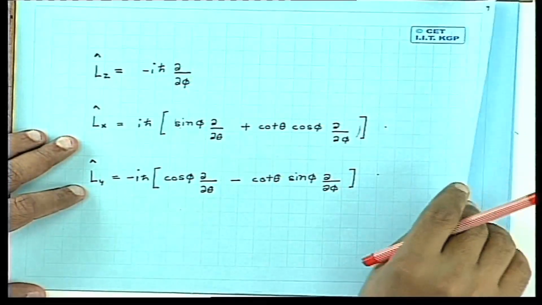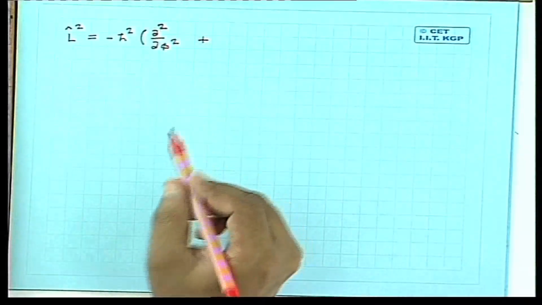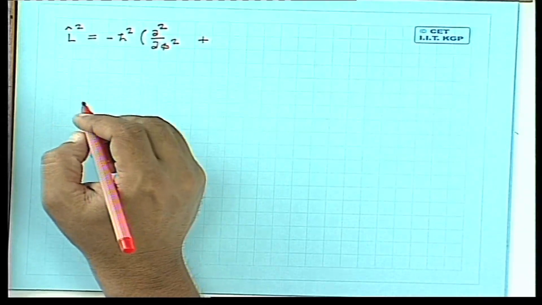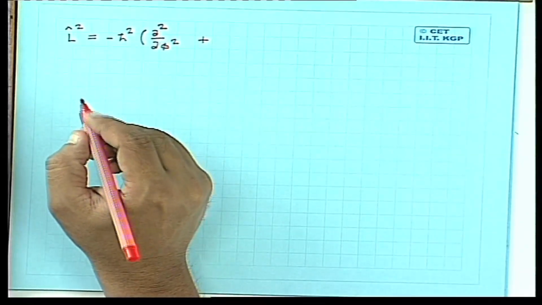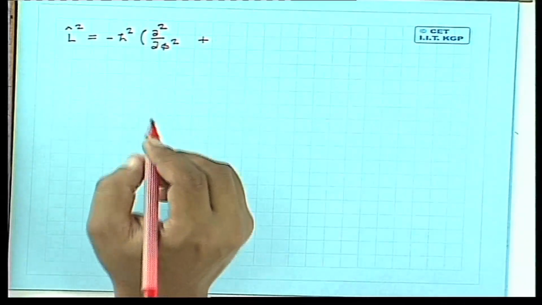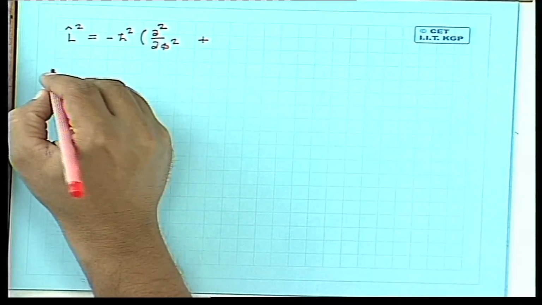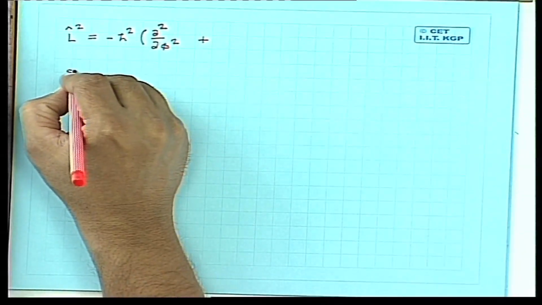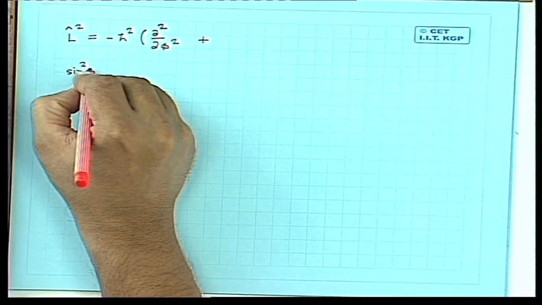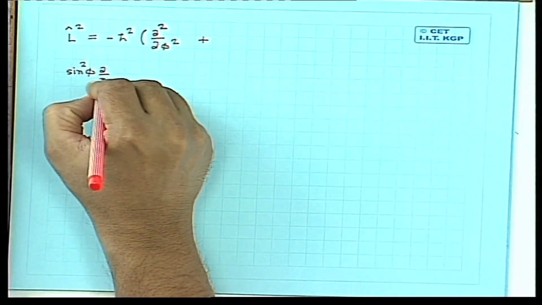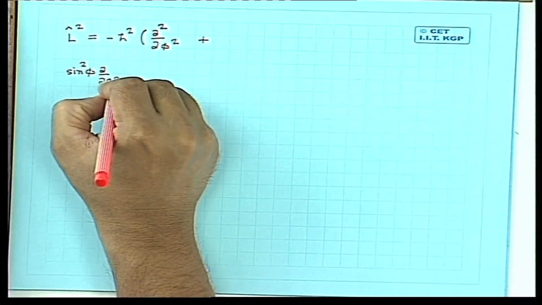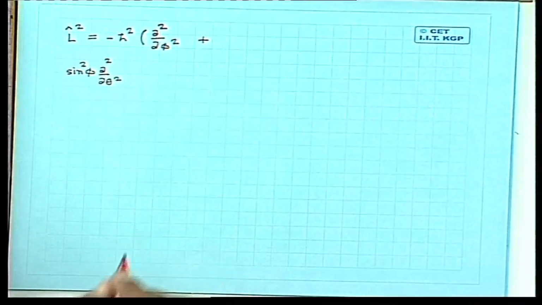So let me write down these four terms over here. The first term is sine square phi del square by del theta square.